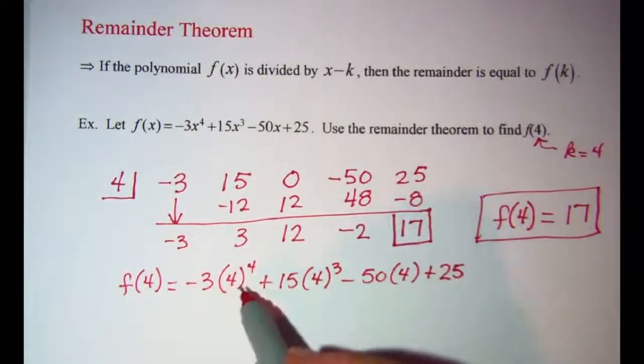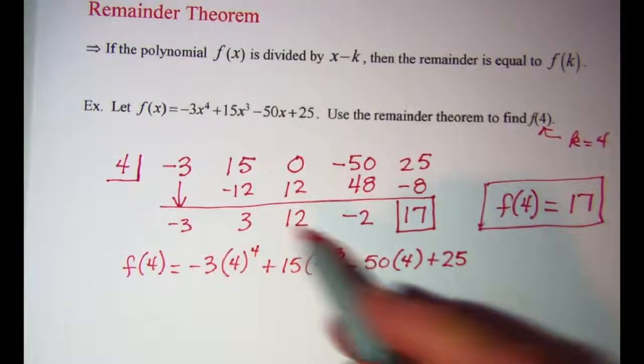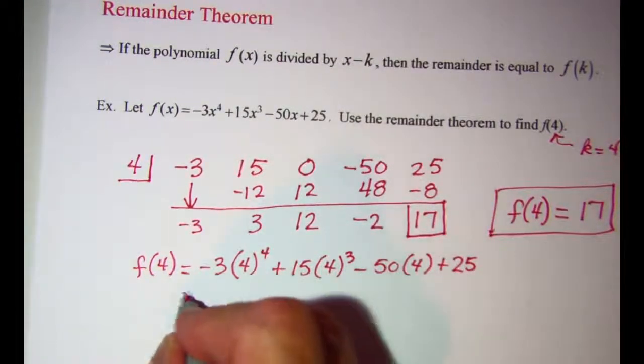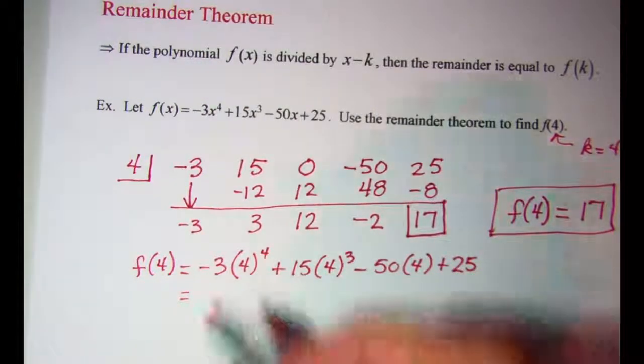Now this is a little bit harder to do, especially if you don't have a calculator. So the synthetic division would be the way to do this. But I want to show you that we will indeed get 17 when we work this out.